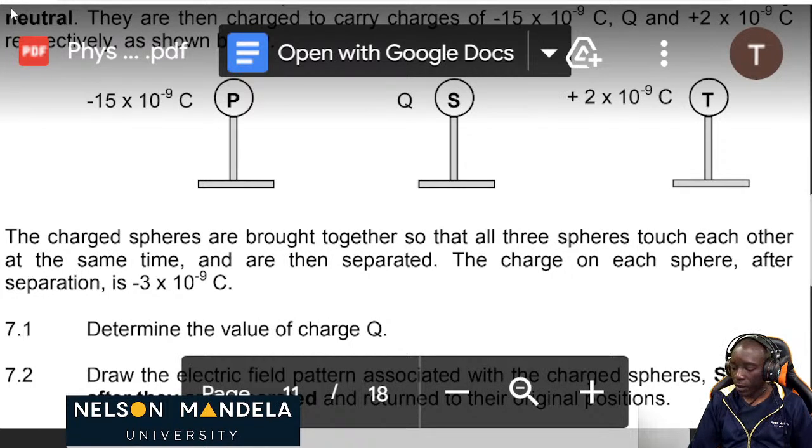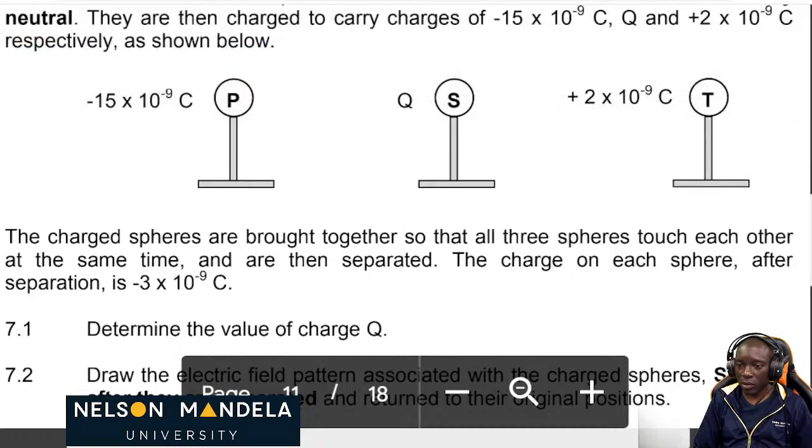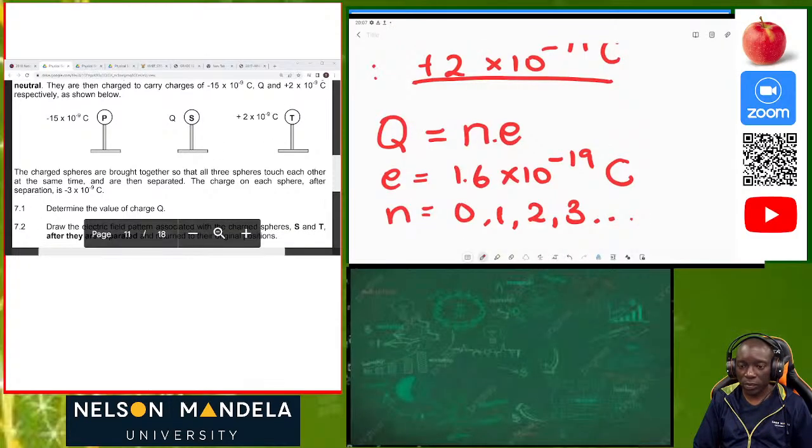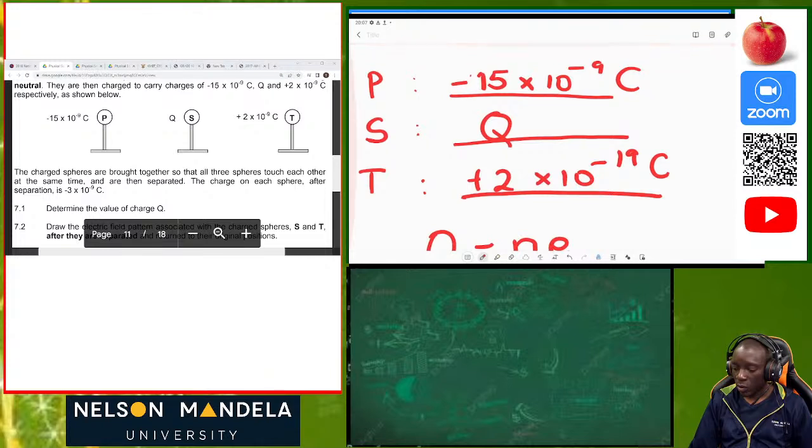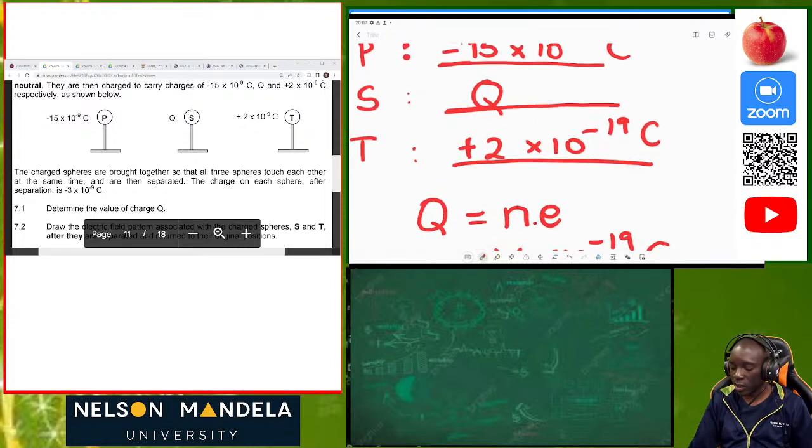So we've listed the charge on each sphere: P with a charge of -15, S with a charge of Q, and T with a charge of +2 times 10 to the -9.